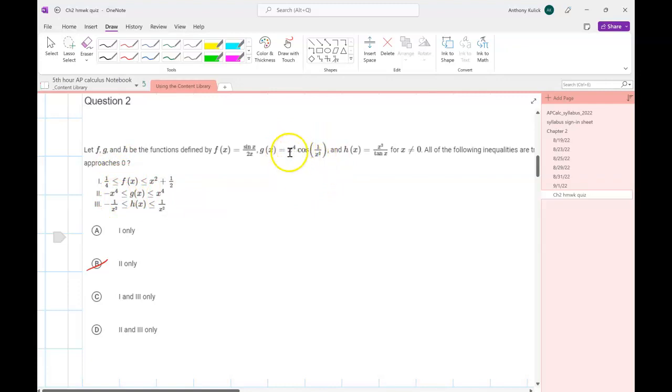G of x looks just like a classical squeeze theorem situation where I know cosine is bounded between -1 and +1, and then we multiplied both sides of that by the x to the 4th. So right away I'm like, yes, that looks lovely to me. The last one that I have to check is 3, and that looks like it's set up the way I would expect it to.